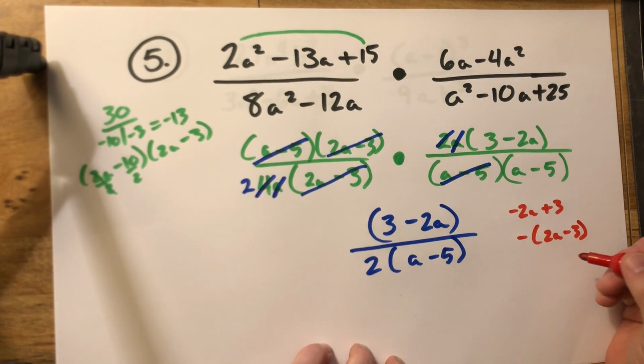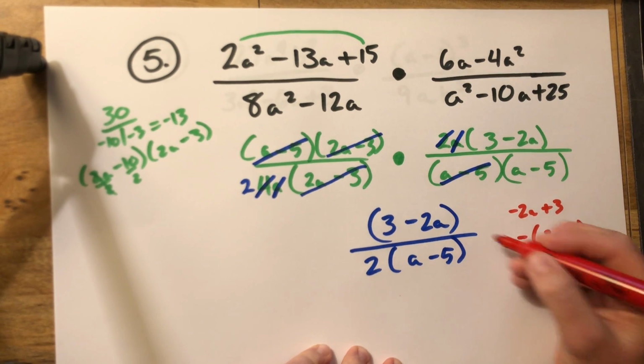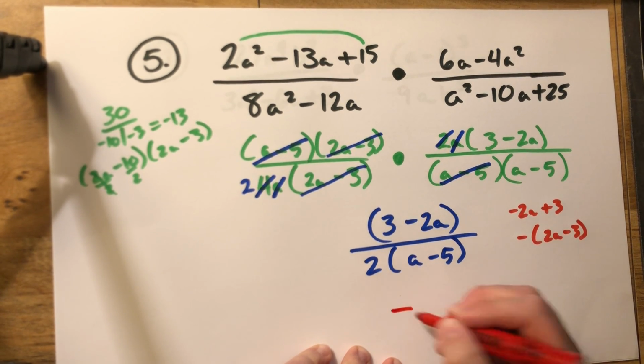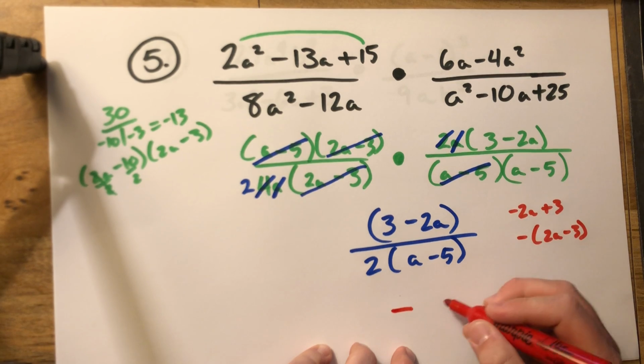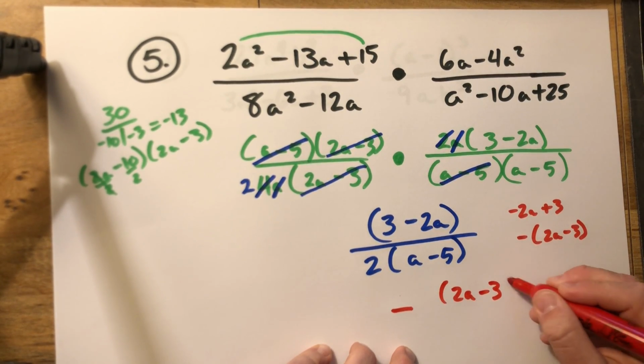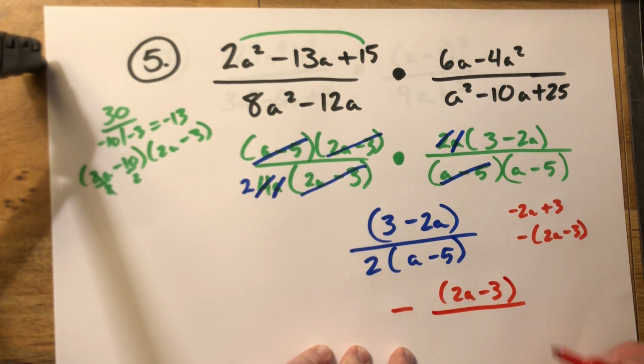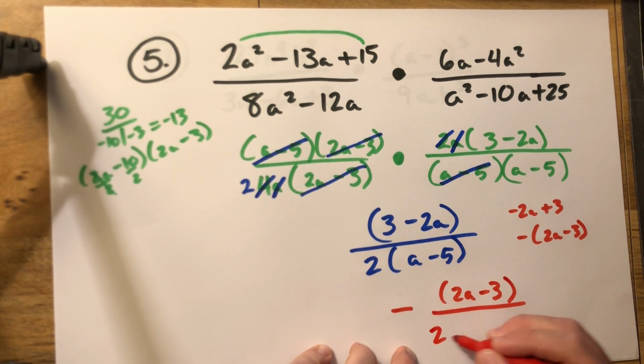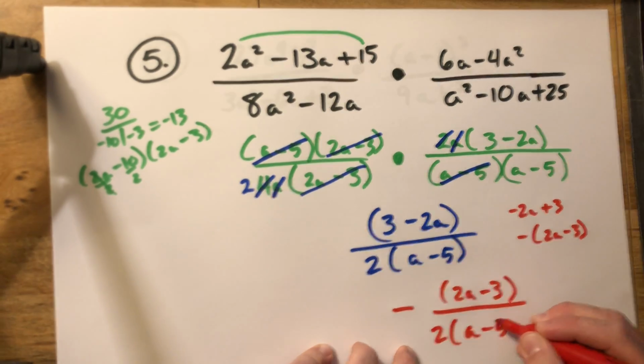So let's go ahead and go from there. We now have this modified just a little bit, so we have negative 2a minus 3 all over 2 times the quantity a minus 5.